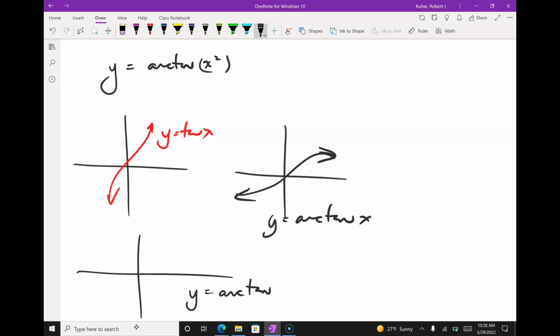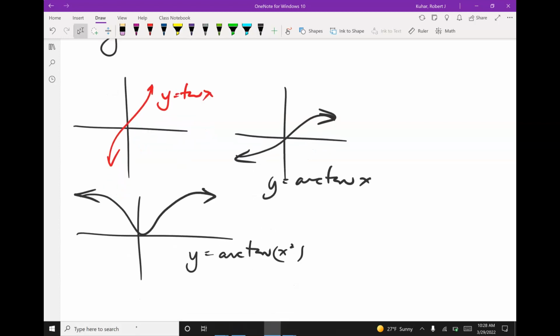All the negatives are going to do what? Yeah, so it's going to get a little steeper and everything will be above the x-axis. So it looks like I have concave down, concave up, concave down. You agree?